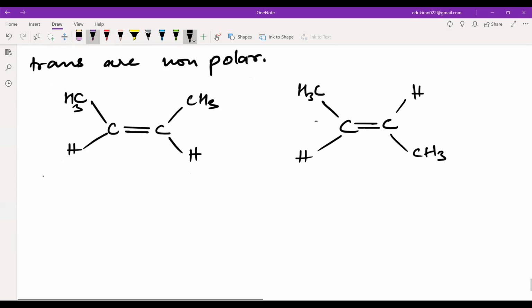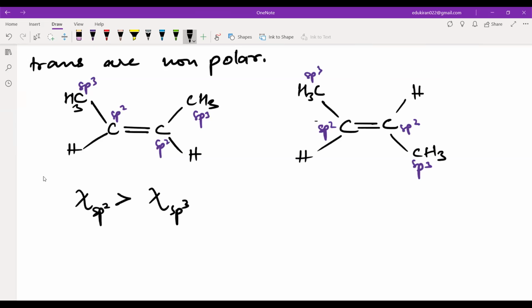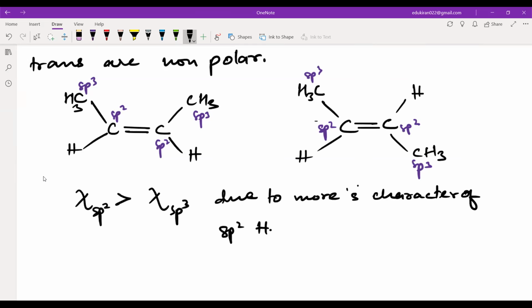Let me write the hybridization. So this will be sp3, this will be sp2, this is going to be sp2, this is going to be sp3. Here also this is going to be sp3, sp2, sp2, sp3. Now, I hope you know that the electronegativity of sp2 is greater than the electronegativity of sp3 due to more s character of the sp2 hybrid orbital.